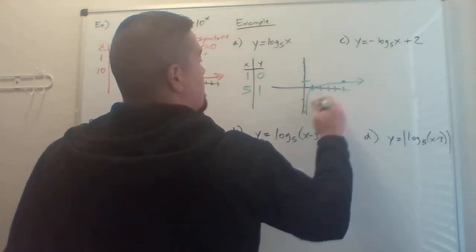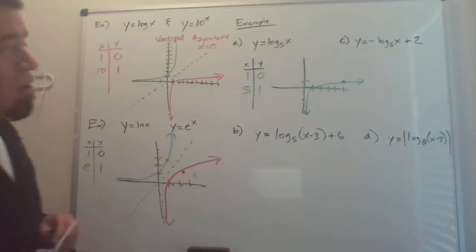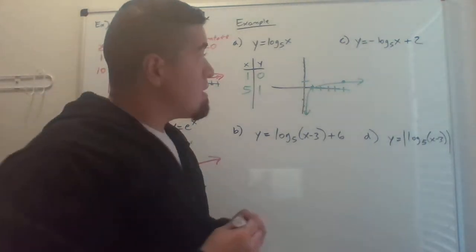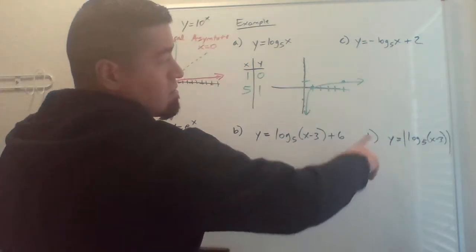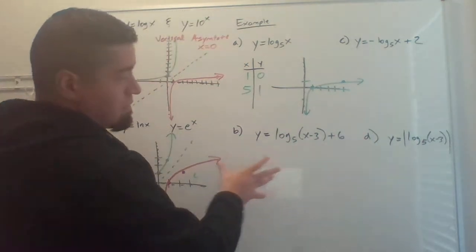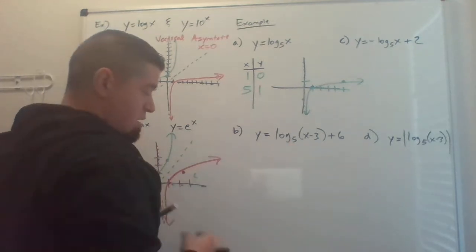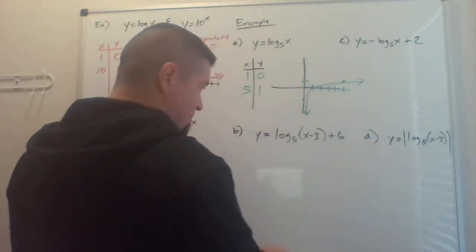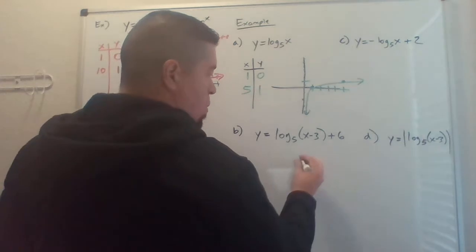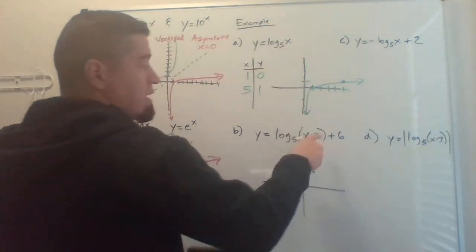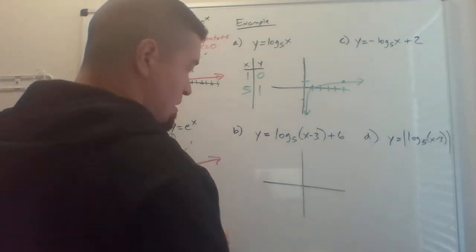And there's my graph of log base 5 of x. Okay, now you'll notice that all these other ones are kind of derivations of log base 5 of x. So I'm going to start here. And I want you to think about what transformation is being done from log base 5 of x to arrive here.